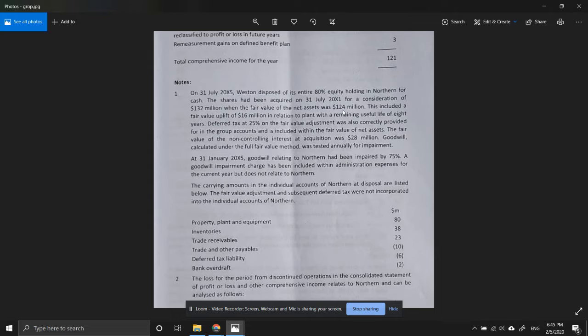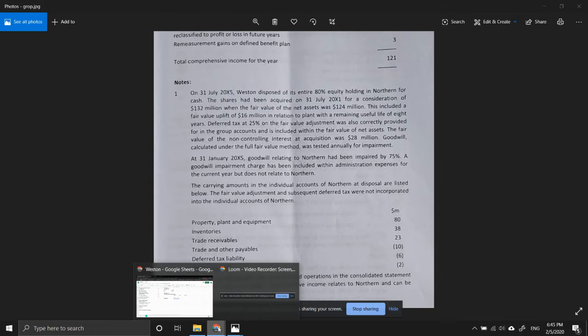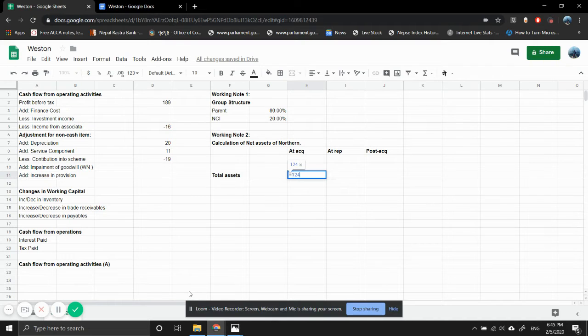So fair value of net assets was 124, right? And then fair value adjustment, excess depreciation. This is 16, the same figure from here.